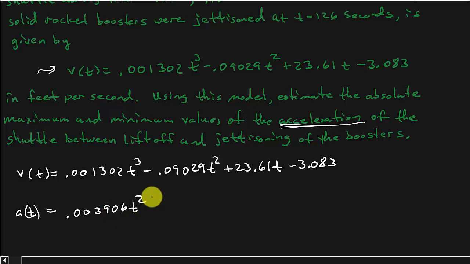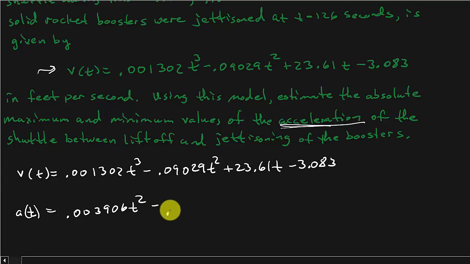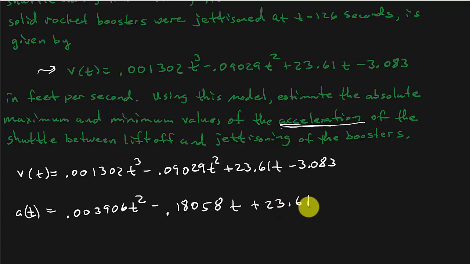Make sure I got that right. 0.00130 times 3, yep, minus, and then I take the derivative of this, 0.09029 times 2. I'm putting it in the calculator to make sure I get it right, because if I don't, I know I'll get the comments, oh, you don't know what you're doing. All right, plus 23.61. So there's the derivative of the velocity.